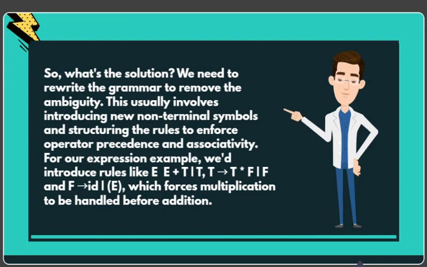For our expression example, we'd introduce rules like E goes to E plus T or T, T goes to T times F or F, and F goes to ID or E in parentheses, which forces multiplication to be handled before addition. We'll save the details of how to rewrite for another video.